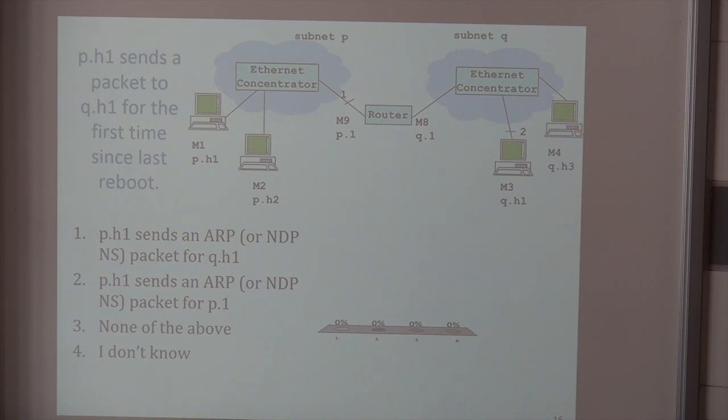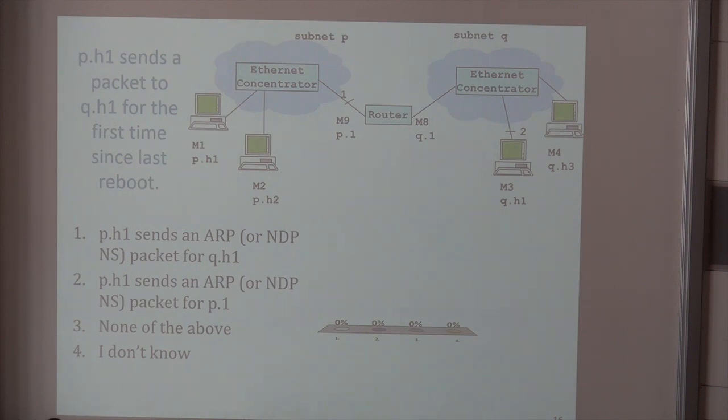Voilà, that's for ARP. A quick question to verify your understanding. P.H1, which is here on the left, sends a packet to Q.H1, which is here. What will happen? And assume the system has freshly booted, so all the ARP caches are empty.